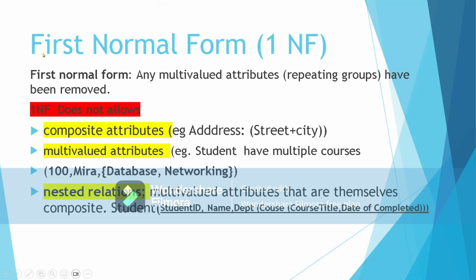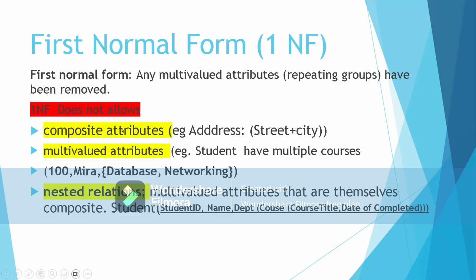So let's consider the first normal form. It is also called 1NF. So the main feature of 1NF is it removes the multi-valued attributes. 1NF does not allow composite attributes, multi-valued attributes, and nested relations.